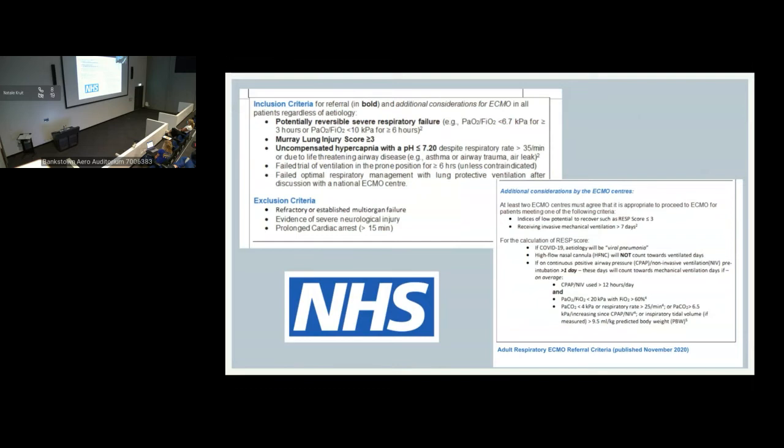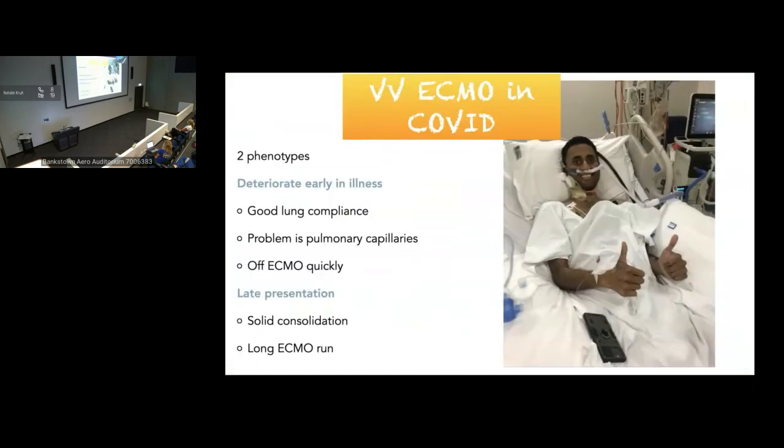So let's move on to the international experience first with ECMO use in COVID. They are also noticing these two phenotypes. So those that are referred early in their disease with normal compliance and/or compliance that has only just started to deteriorate, so we're talking about the L phenotype, they tend to have shorter runs. And this is because ECMO is obviously allowing lung protection to occur prior to any sort of irreversible damage setting in.